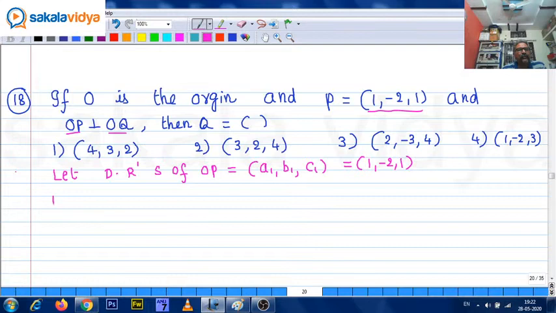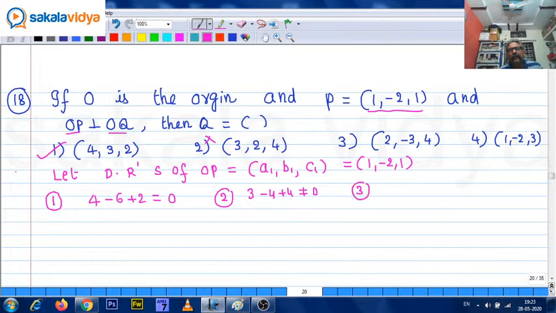1 minus 0, minus 2 minus 0, 1 minus 0, you get the same thing. For example, let us go to the first option. You try A1 A2: 1 into 4 is 4, minus 6 plus 2 is 0. Yes, the first option is the right option. Even you can try the second option: 3 minus 4 plus 4 does not equal 0, so the second option has been eliminated.